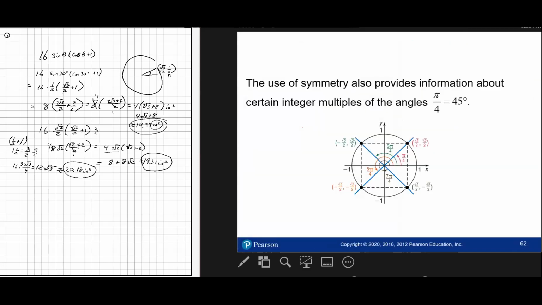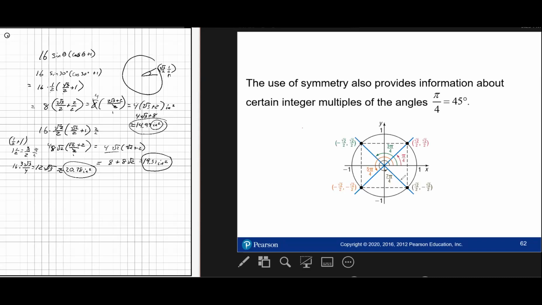All right, the use of symmetry provides information about certain integer multiples of the angle 45 degrees, which I've already discussed, this symmetry here. We have point symmetry, and then we have symmetry with respect to the y-axis and symmetry with respect to the x-axis. So depending upon the symmetry we're talking about, either one sign changes or both signs change.